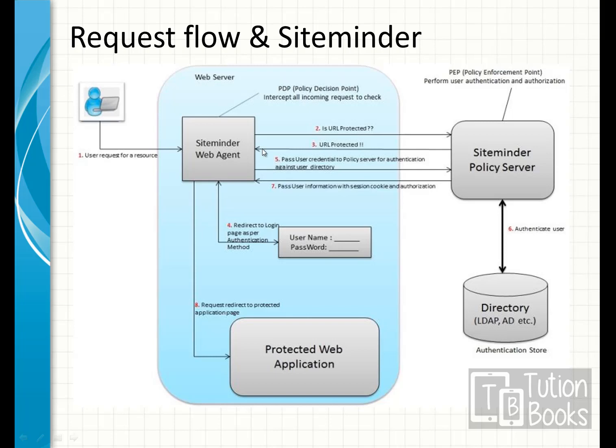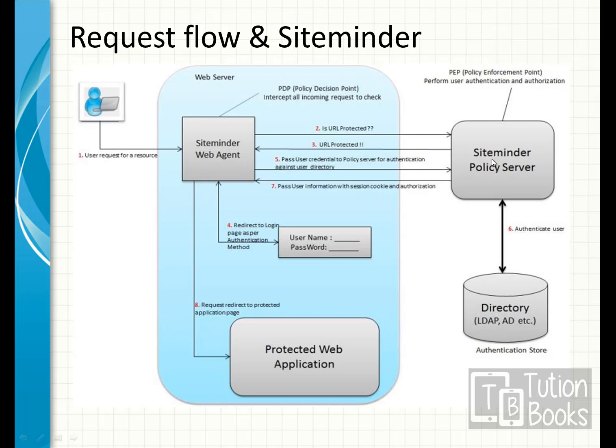If that is a protected resource, then the Siteminder web agent will again send a request to the policy server to find out what type of authentication method is implemented to protect this application.